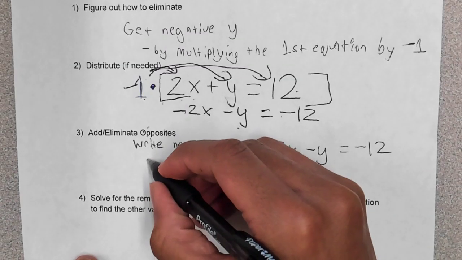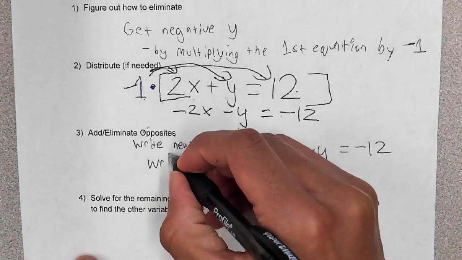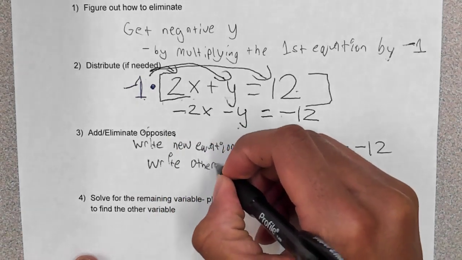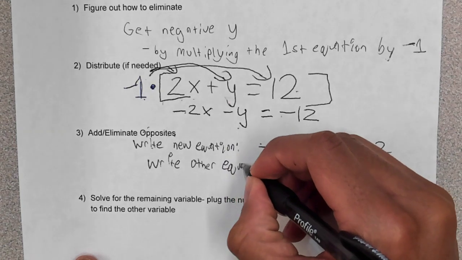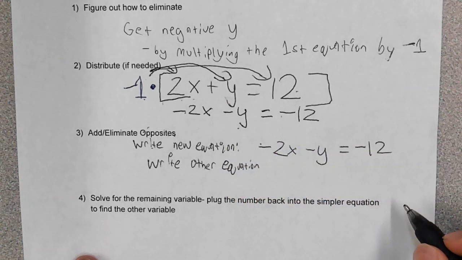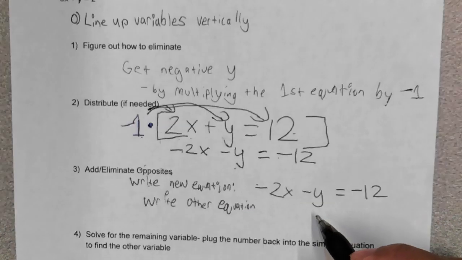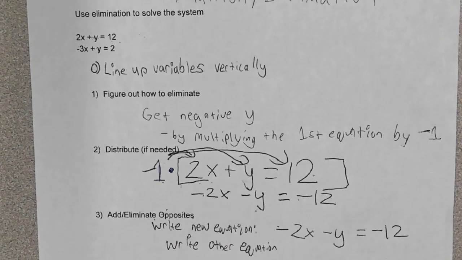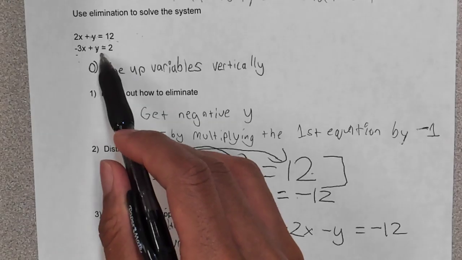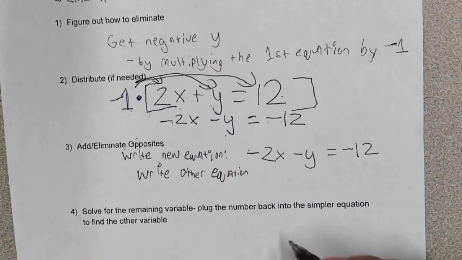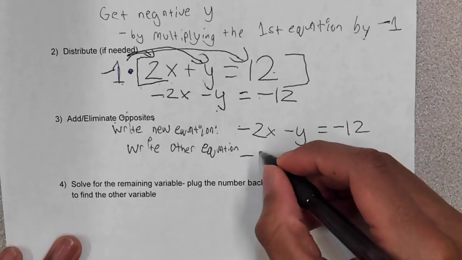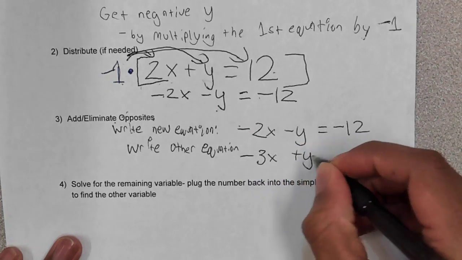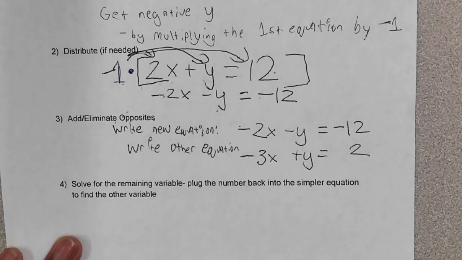I'm going to write the other one. We're going to line them up so that we can add / eliminate opposites, step number 3. So here's the other equation, negative 3x plus y equals 2.